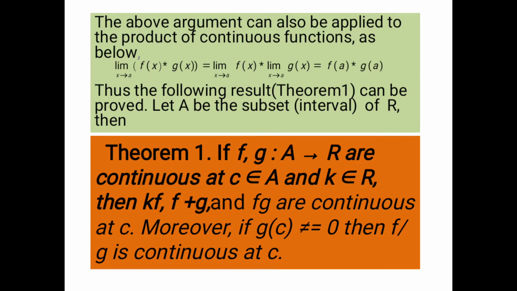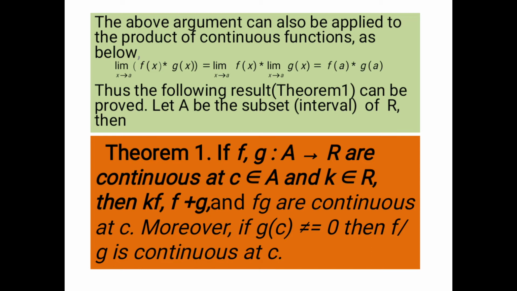The same argument can also be applied to the product of continuous functions, that is, to determine whether f(x) into g(x), where f(x) and g(x) both are continuous at x equal to a, is continuous or not. So let us take the limit of f(x) into g(x) as x tends to a.